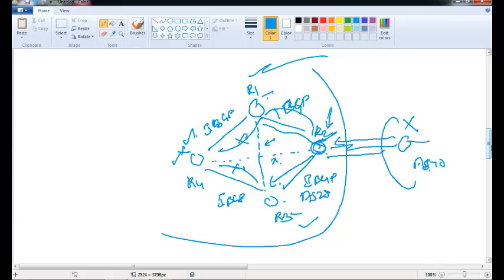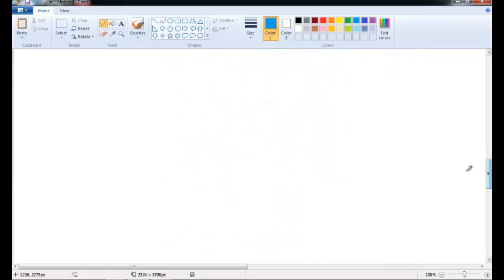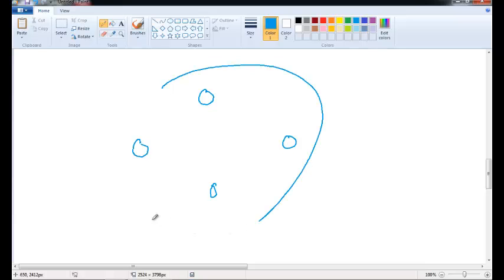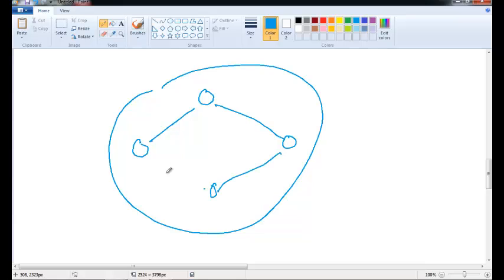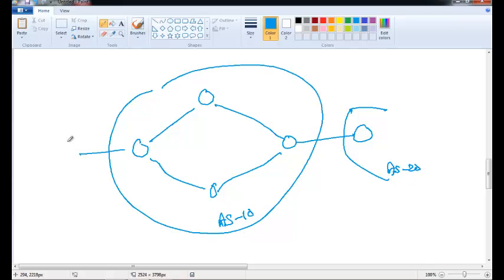Right. And one more thing, let me explain. We have, let's say, 4 or 5 routers in an autonomous system connected like this, and this is autonomous system 10, and here it's connected to autonomous system 20, and here it is connected to autonomous system 30.